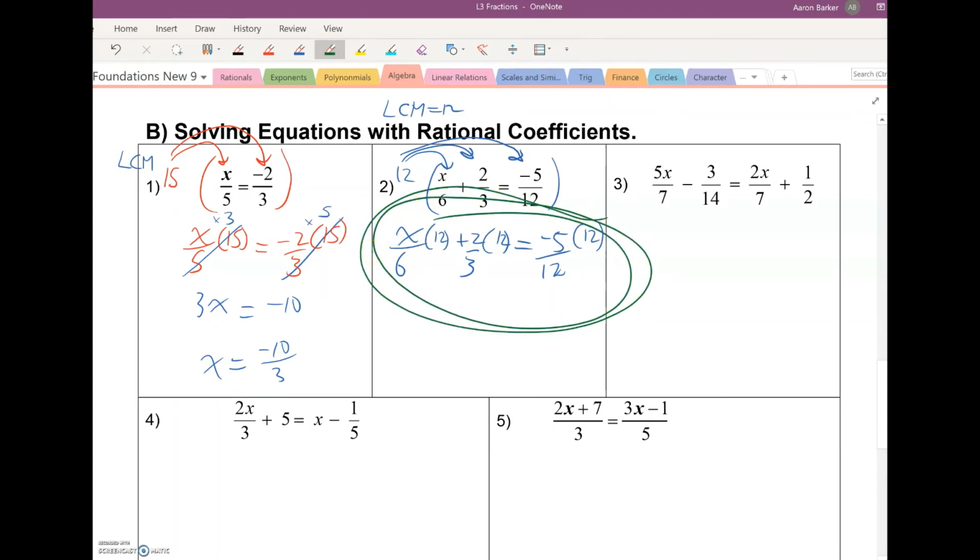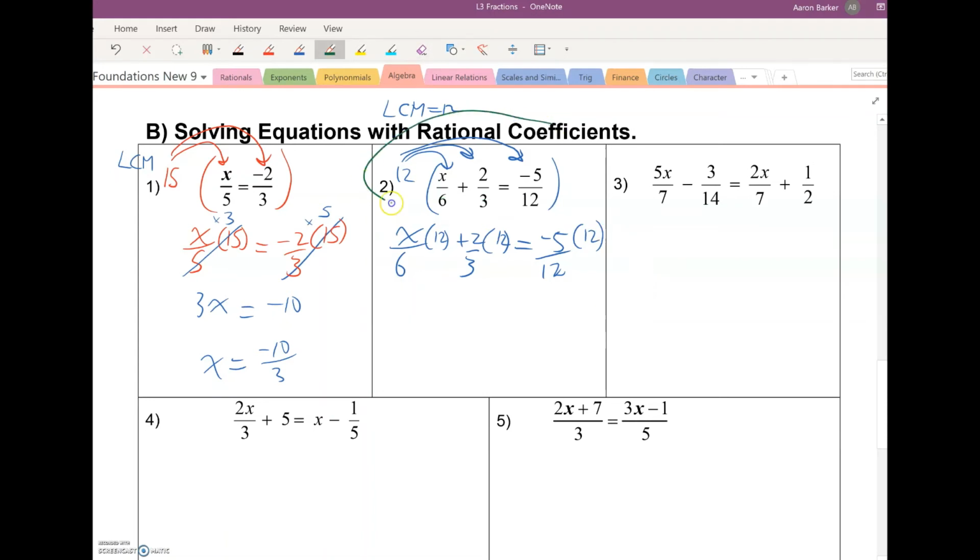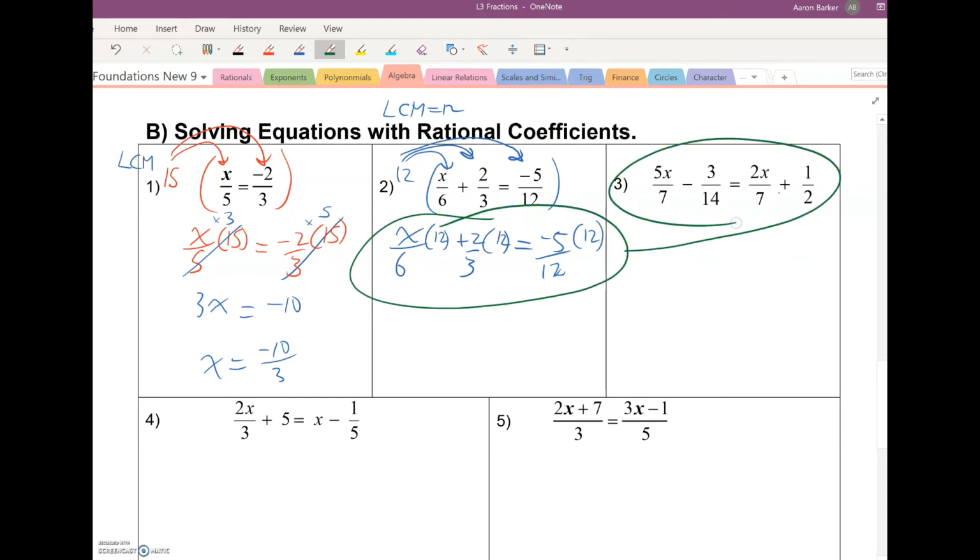But the reason why I started at the first step is to show you why it works. It's because you're multiplying all the pieces inside by the same number. That's keeping it equal. Okay, so that's kind of showing you why this works. But from now on, that's probably going to be my starting point for all the other questions.